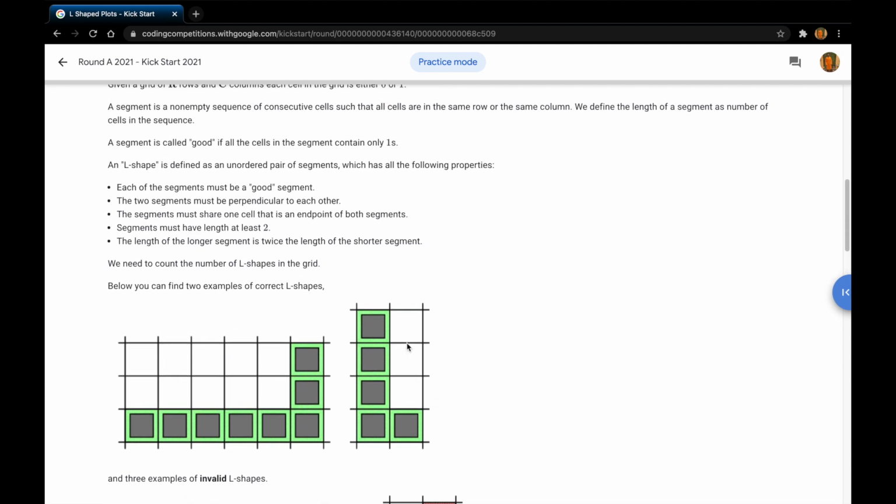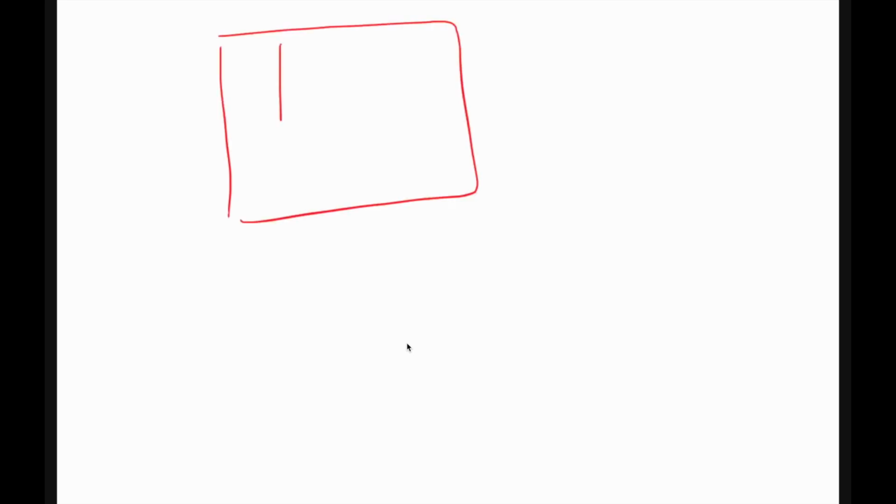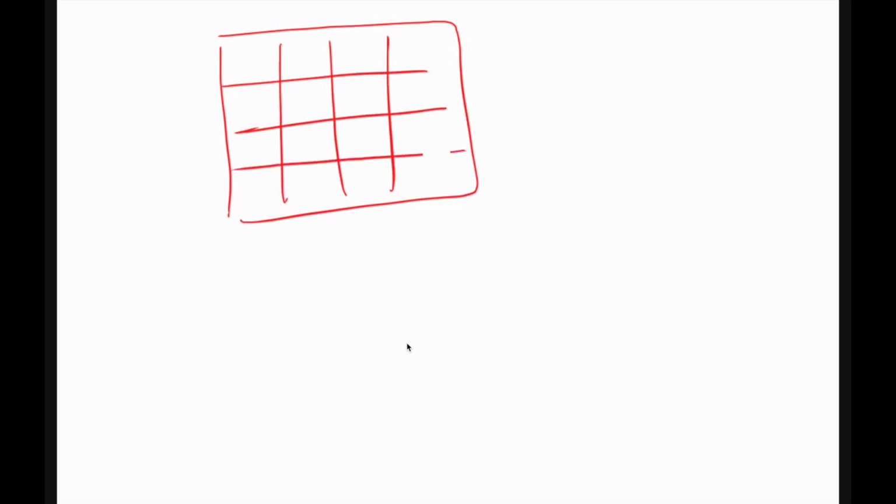So now let's go through the solution and talk about how we can solve this question. We are given a matrix which has some rows and some columns, and we have to find the total number of valid L shapes in this matrix. So we can have L shapes like this, or like this, or like this, or like this.